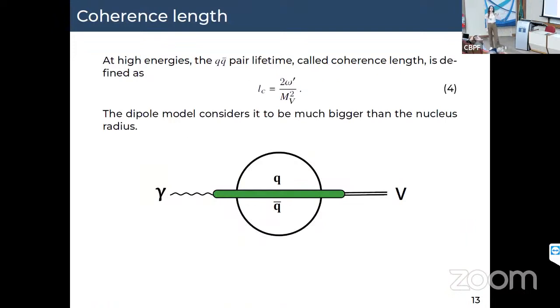All this expression is calculated considering that the lifetime of the QQbar is very long, much bigger than the nucleus radius. This is a good approximation for the first state, that is the QQbar pair.